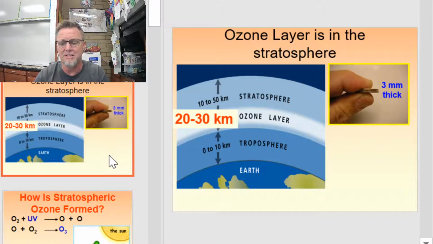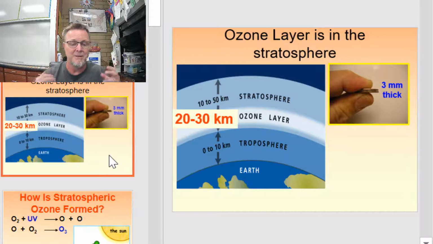In terms of its overall thickness with regard to the other gases, the ozone layer is about 3 millimeters thick, sitting right between the stratosphere and the troposphere. That's a super tiny layer of gas, right? Just to give you perspective. So we should be cognizant of this layer and protect it.